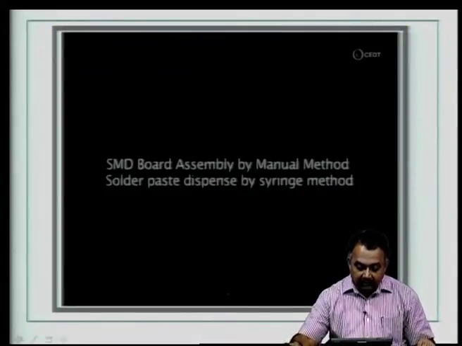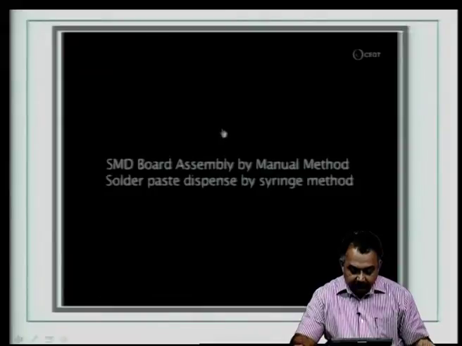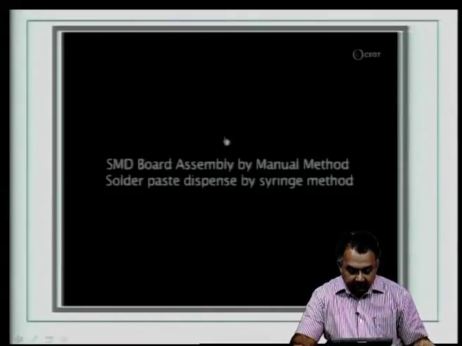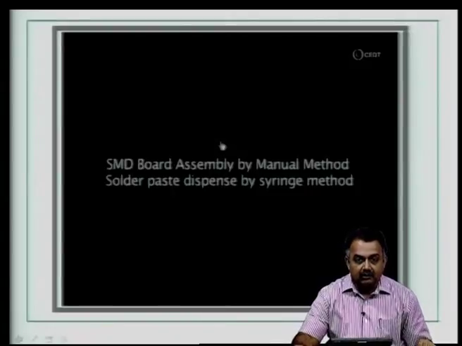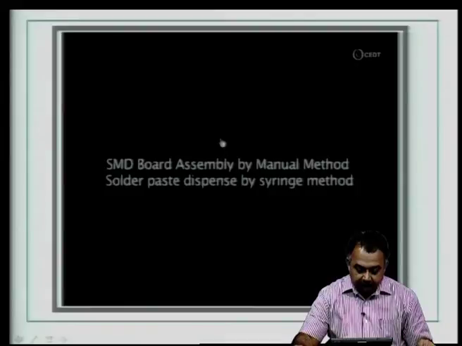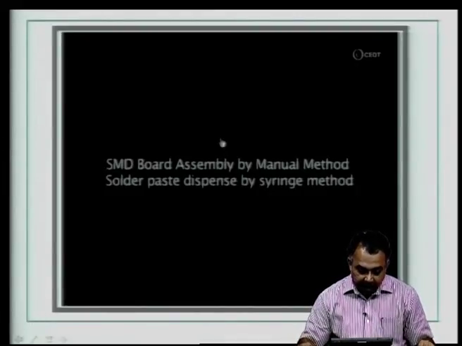We will now look at a video where we are going to highlight the manual method of dispensing solder paste onto a printed circuit board by the syringe method. So, let us follow this video as we go along.